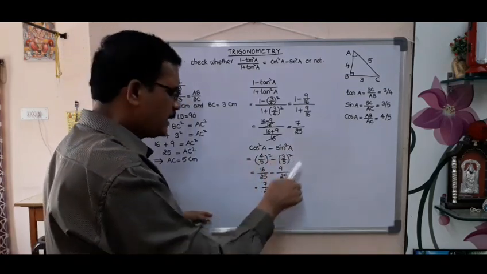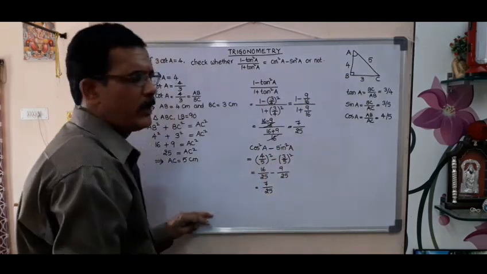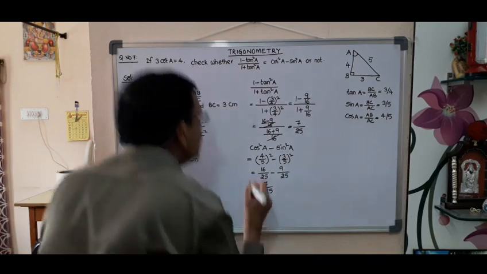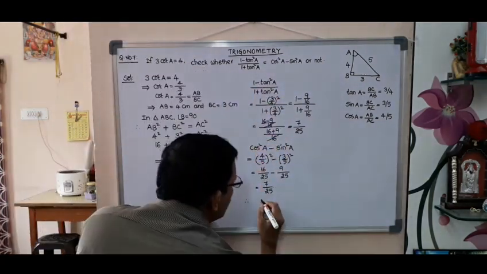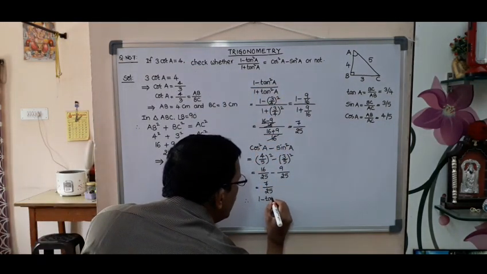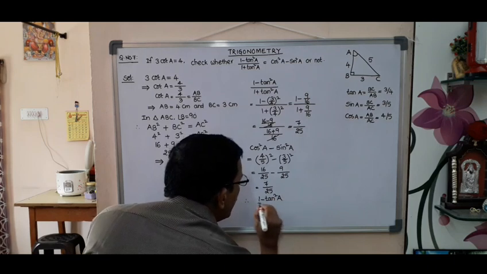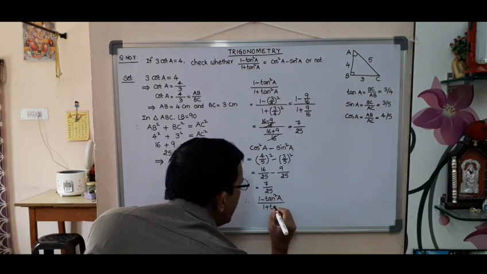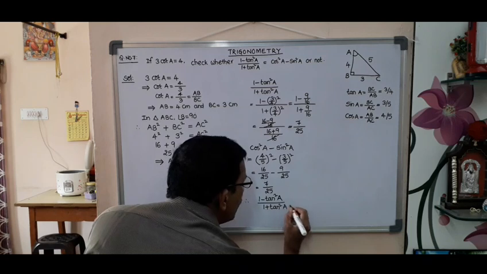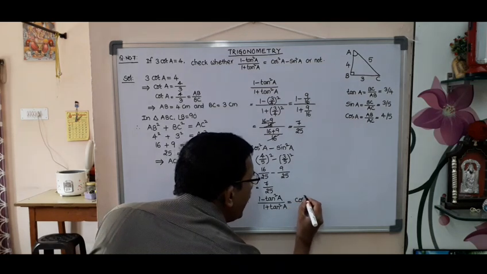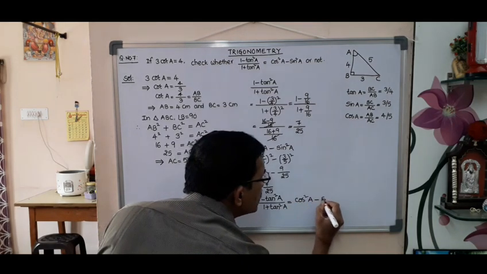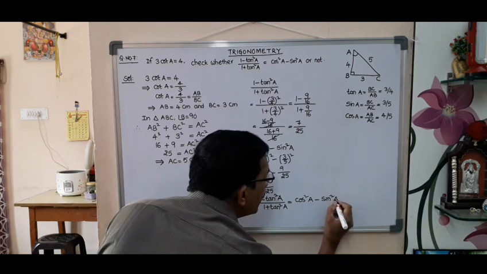Cos square A minus sin square A value is also 7 by 25. So we can say that these two are equal. Therefore, 1 minus tan square A by 1 plus tan square A is equal to cos square A minus sin square A.